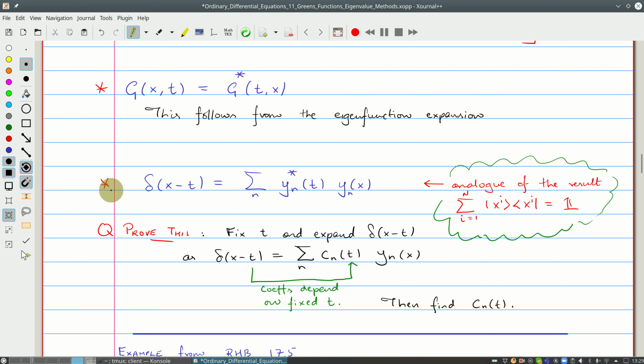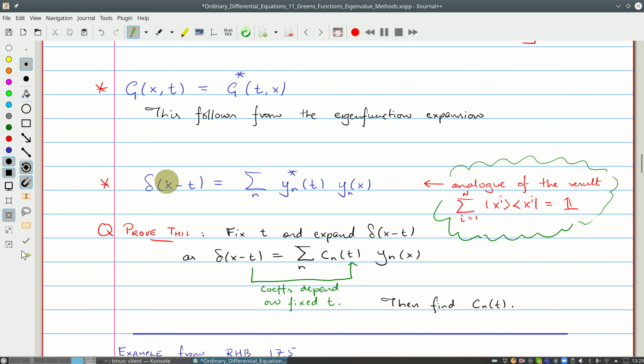The other thing which I'd like you to show, and which can be shown in exactly the same kind of technique as we had above, is that the Dirac delta function, delta of x minus t, is given like g as a sum over n of yn star t times yn of x. And this is the analog of a result I had asked you to prove in finite vector spaces, where the sum i from 1 to n of the outer product of the eigenvectors of a Hermitian operator is equal to the identity matrix.